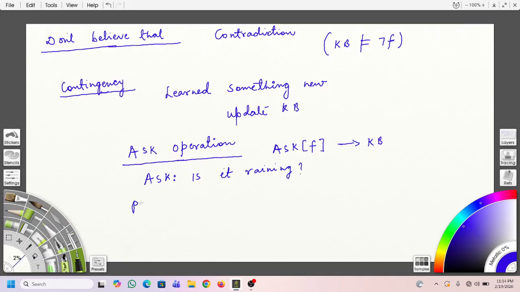The possible responses are yes, and yes means entailment, that is KB entails F.